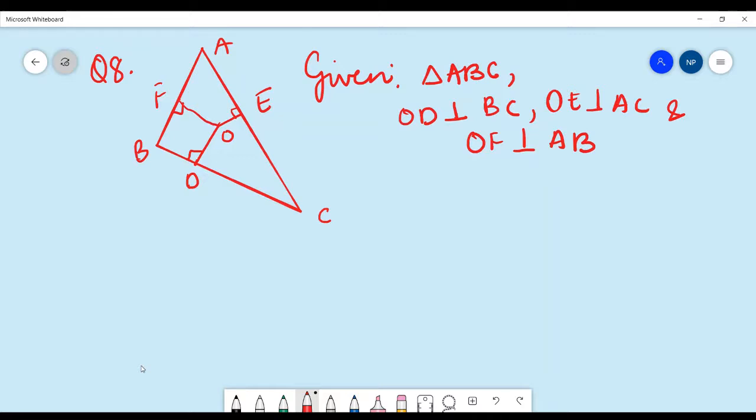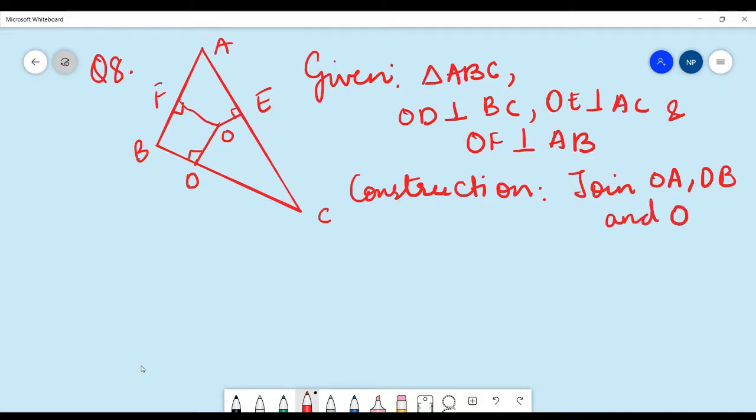Now, we will do a little bit of construction over here. Construction, write down join OA, OB, and OC. Okay, so let us join OA, this particular line OA.